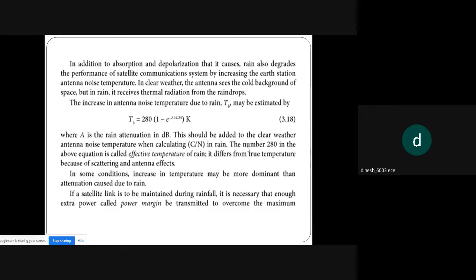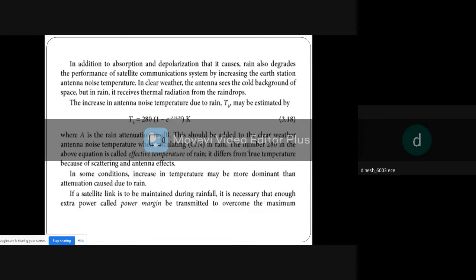If there is clear weather, the antenna sees the cold background of space, but in rain, it receives thermal radiations from raindrops.